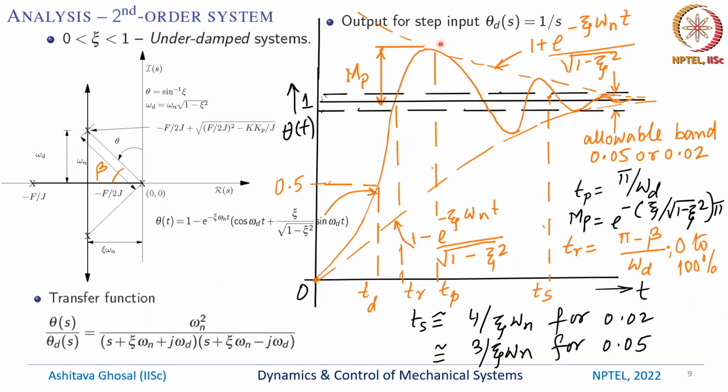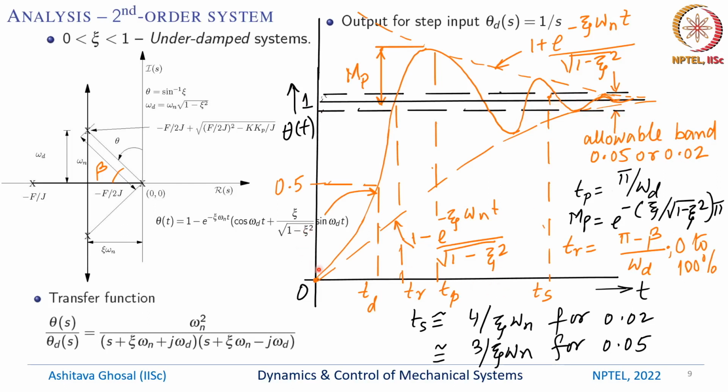So basically this is an oscillatory response. Theta of t will overshoot and then keep on dying down. Once it reaches within an allowable band, and there are 2 kinds of allowable bands in use, one is 5% of the input or 2% of the input. So this is either plus minus 0.05 or plus minus 0.02.